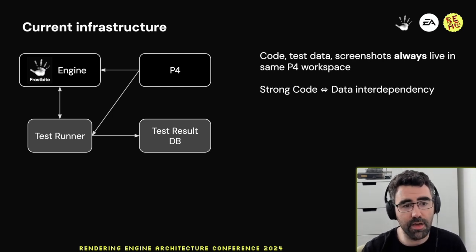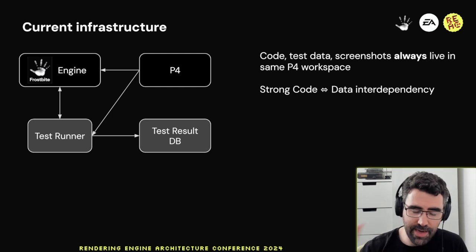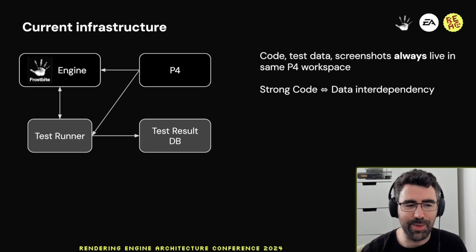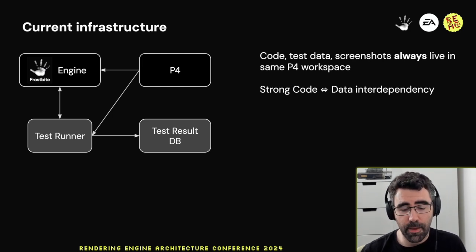Now we have all the data in Perforce. We have a caching mechanism that I won't go into, but the engine grabs that data, and we have a test runner which invokes the engine, and it instructs the engine to run the tests. Then the engine grabs the data from Perforce, runs the test, and communicates back to the test runner what the test result was.